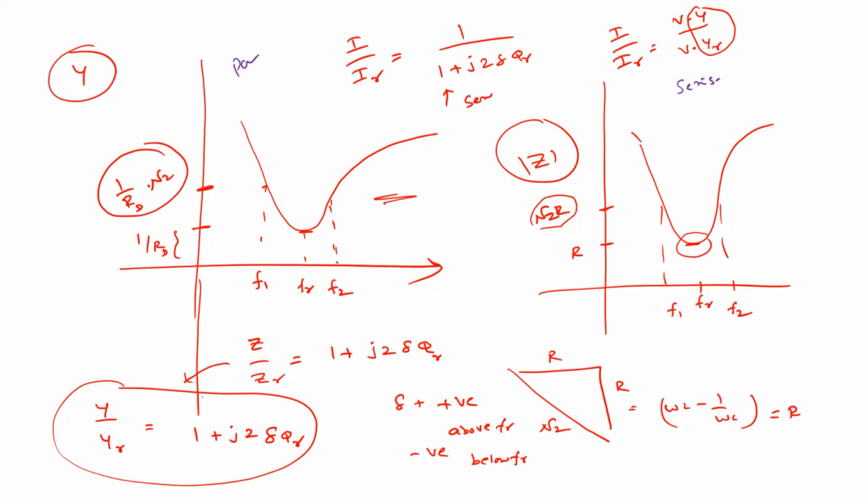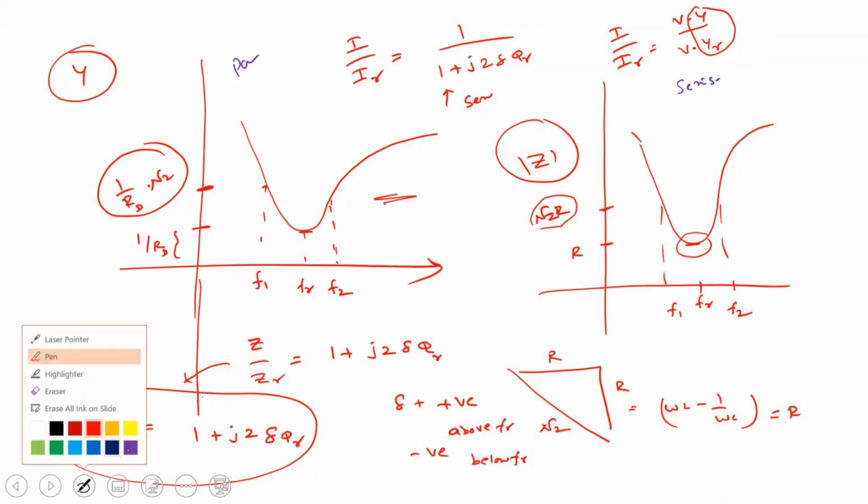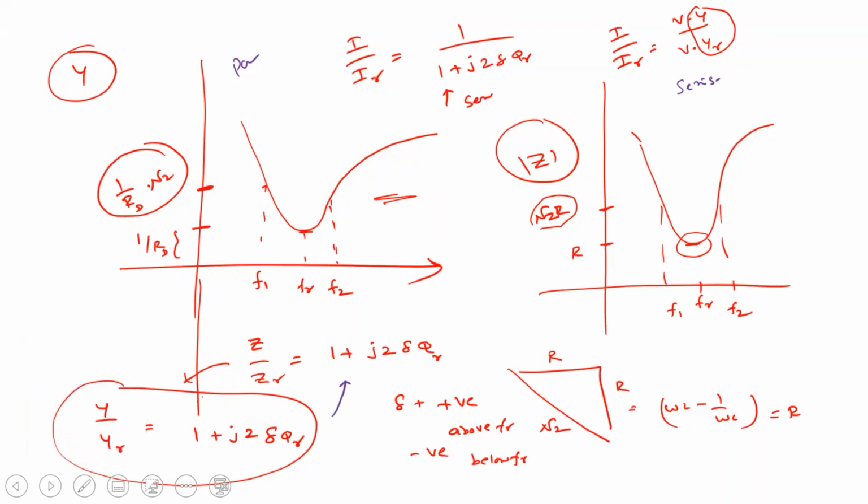If this is Y by YR, it will become reciprocal for Z by ZR. That day we did this. We derived the Y by YR by mistake. So this Y by YR is equal to 1 plus J2 delta QR.